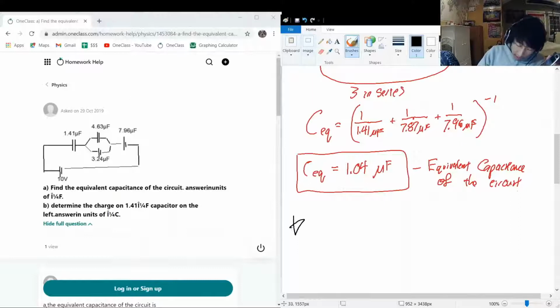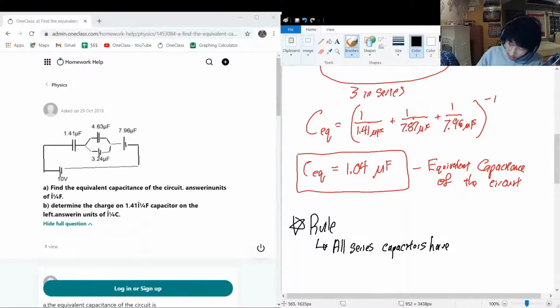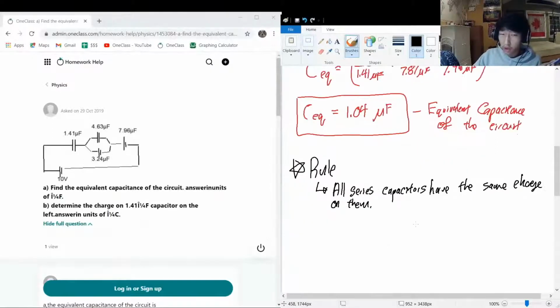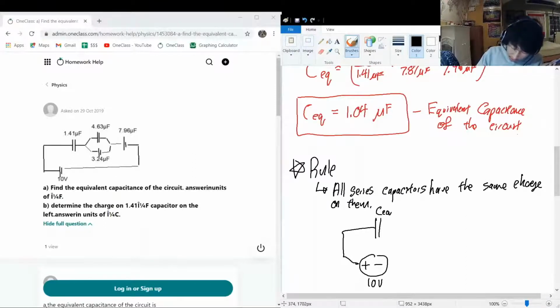That's going to be a nice rule to keep in mind: all series capacitors have the same charge on them. So across this whole thing, we can redraw the circuit with a 10 volt source and just CEQ, which corresponds to 1.04 microfarads.